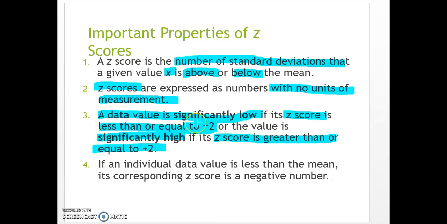So by looking at the z-score, you can tell whether a data value is extremely high or low. This helps us to identify the outliers as well. Now, the last property: if an individual data value is less than the mean, then the z-score is going to be negative because x is smaller than the mean.